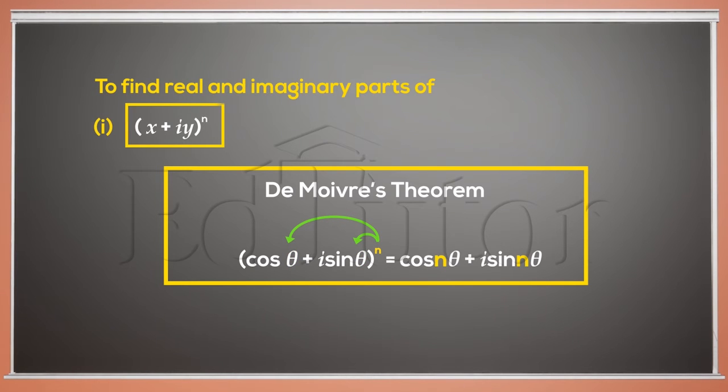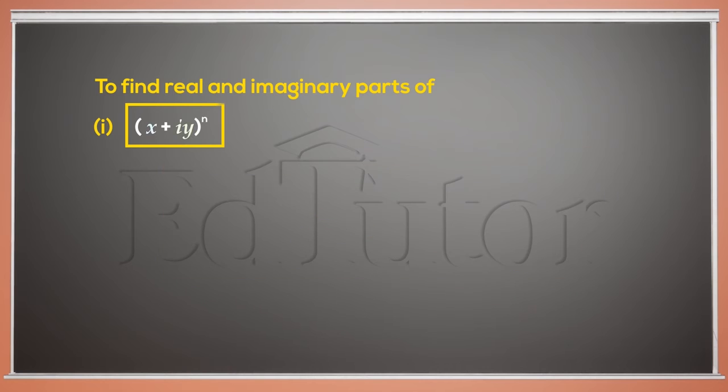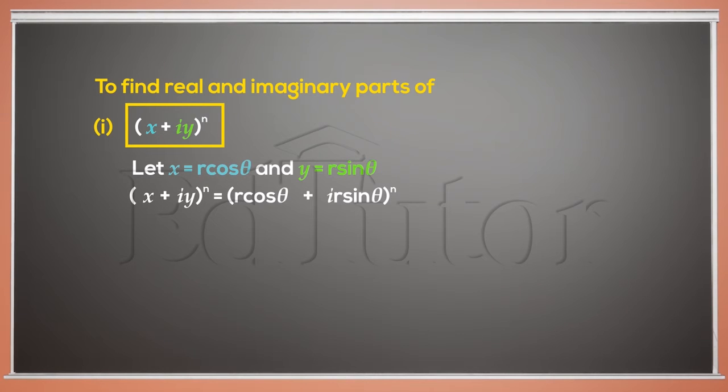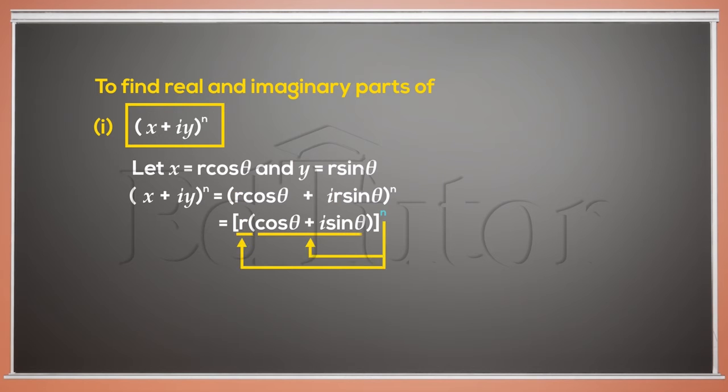Now, if you have to find the real and imaginary part of this complex number with power n, all you need to do is to convert it into the polar form by using the formulas we studied earlier and take r common from this bracket. Since this power is applicable to both r and the bracket, apply it on each term individually.